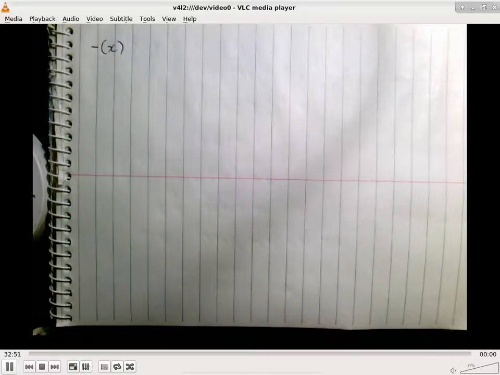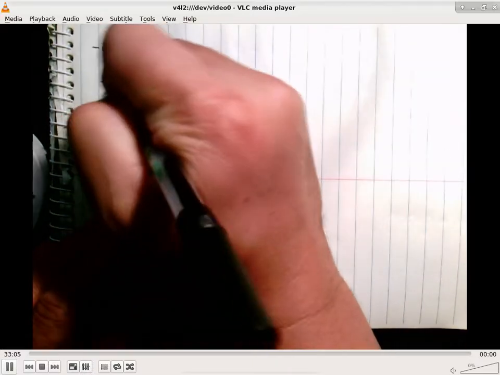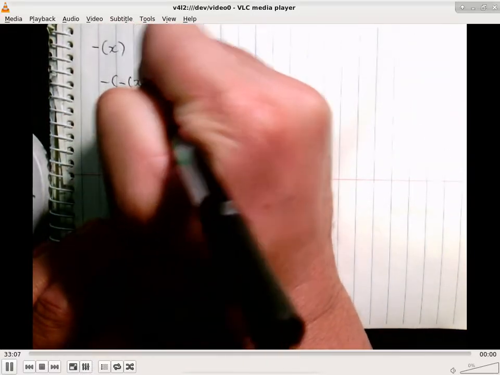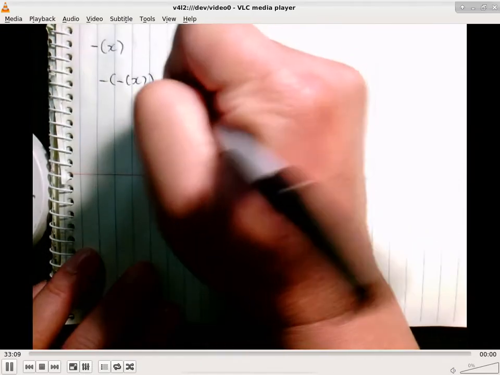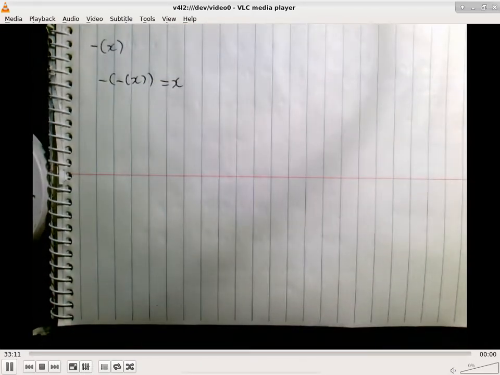You can re-negate it, and the negation of that becomes x again. Not necessarily positive, because if x is negative to begin with, you get x back. So what you're talking about is something like this. It should be just x. Yes?